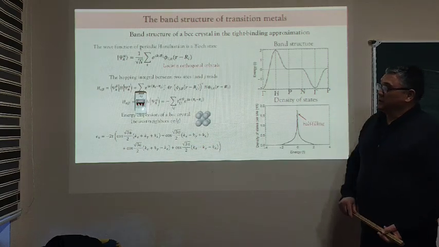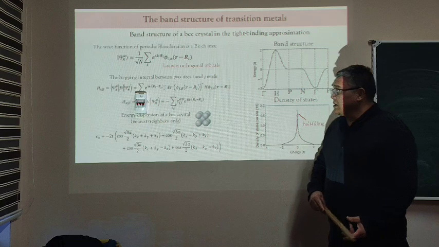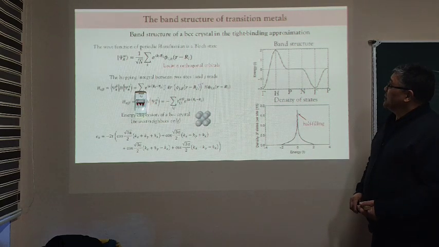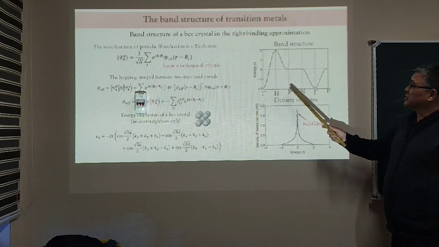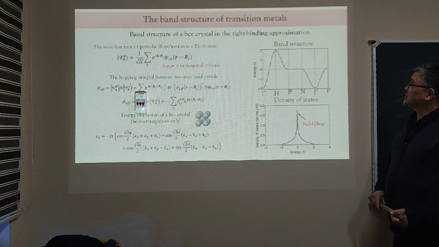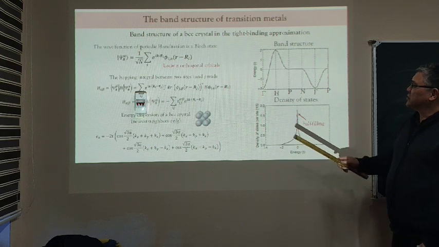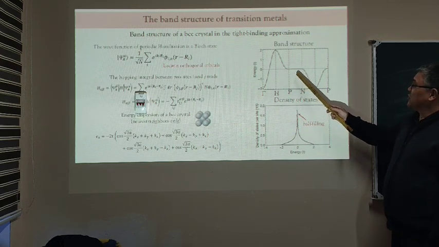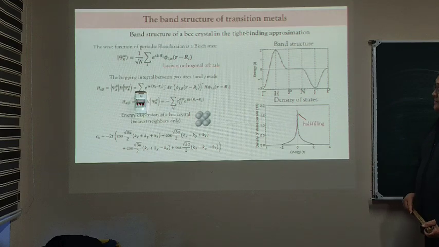If we draw this energy dispersion along the symmetry points in the Brillouin zone, the band structure looks like this picture.